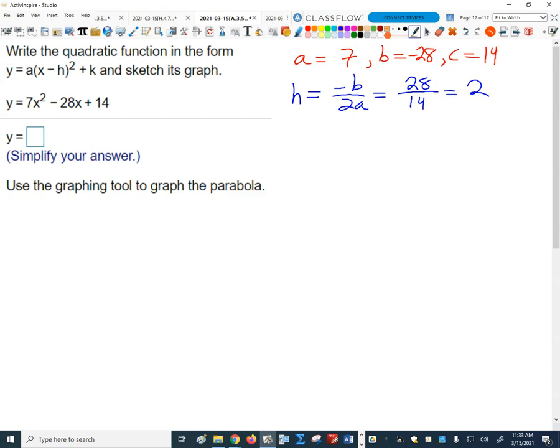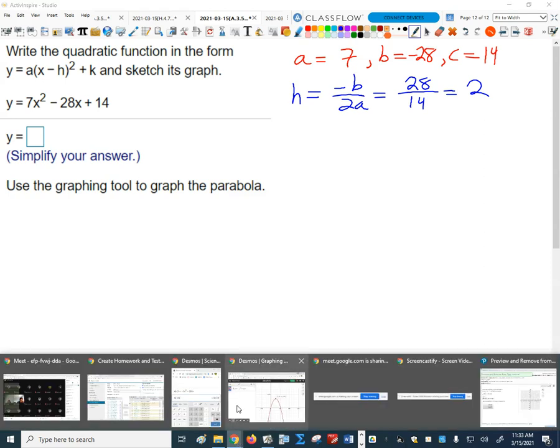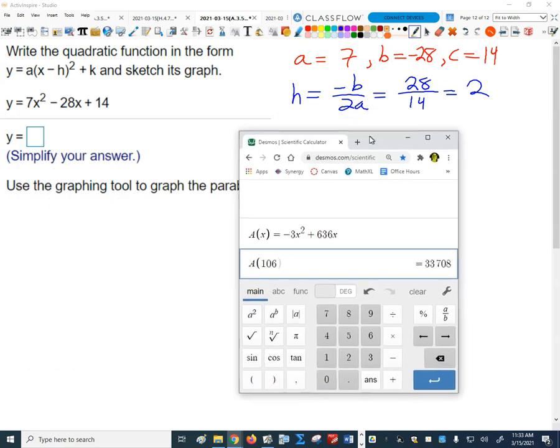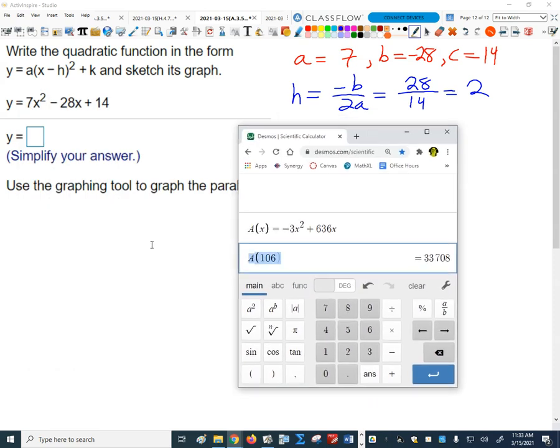So we know H. Now let's calculate K, but let's go ahead and use Desmos just to remind ourselves how we can use Desmos for this. Because in this case, we'll get a little bit bigger numbers. Not that it's such a huge deal, but if we use Desmos for this one, remember how this works, right? All you have to do is write the function in function notation.